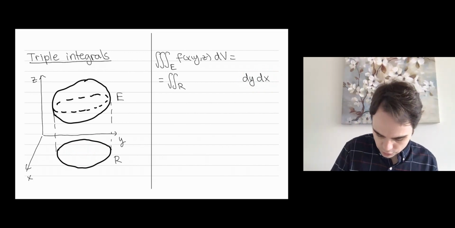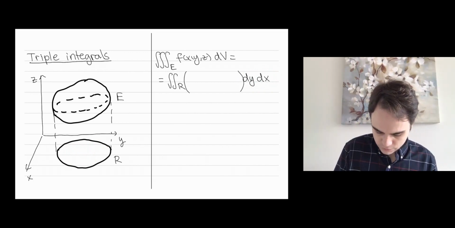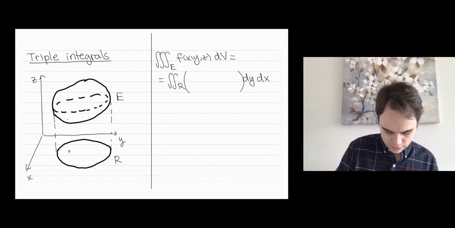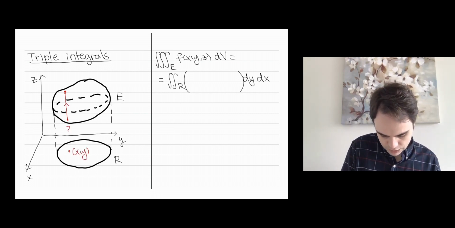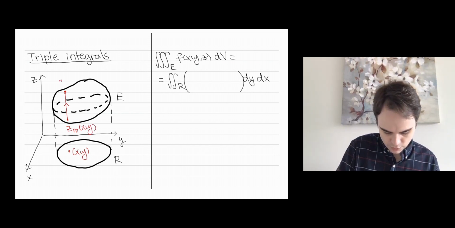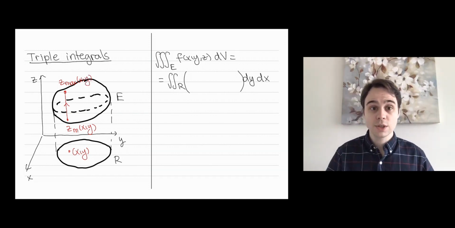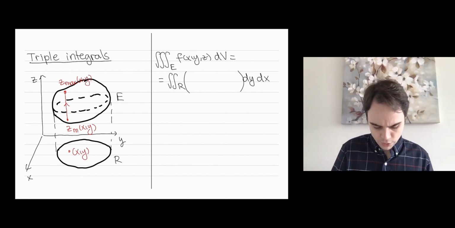And then for each point in the xy plane, I'm going to do a vertical integral with respect to dz, where z increases from some minimum value that depends on x and y to some maximum value that depends on x and y. Here I'm assuming that the region is nice to integrate over.